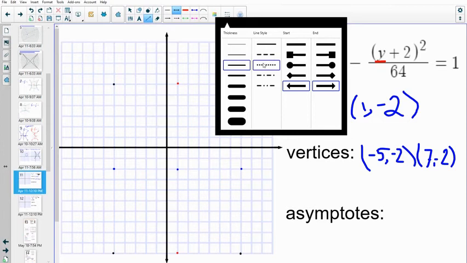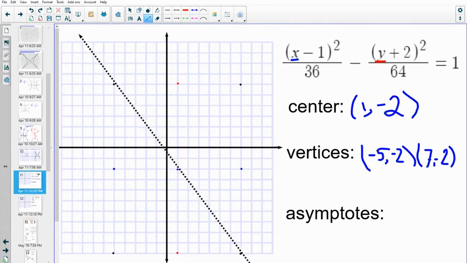You're going to use a ruler as you do this. There's one asymptote that goes that way and another asymptote that goes that way. If you want to draw the rectangle on there, you can, but you don't need it drawn, though some people like to see that.